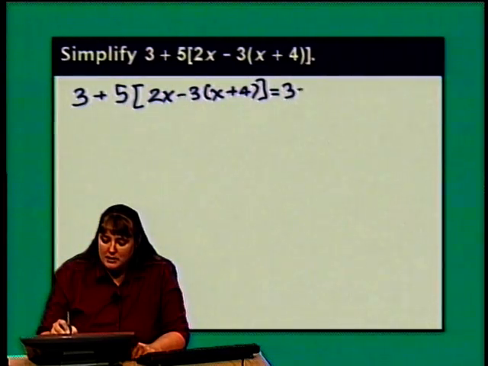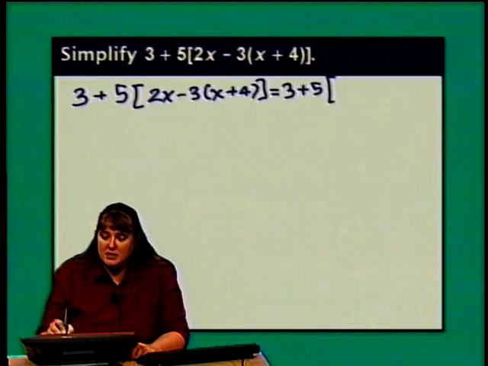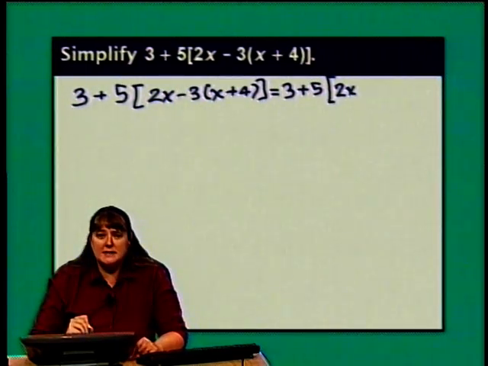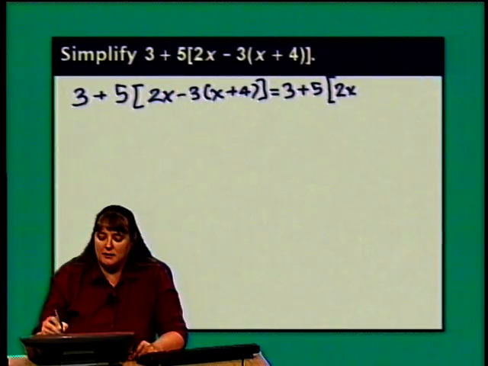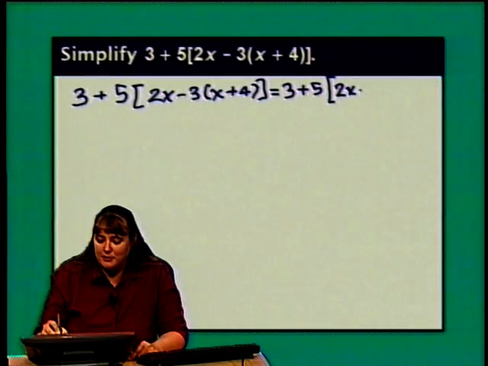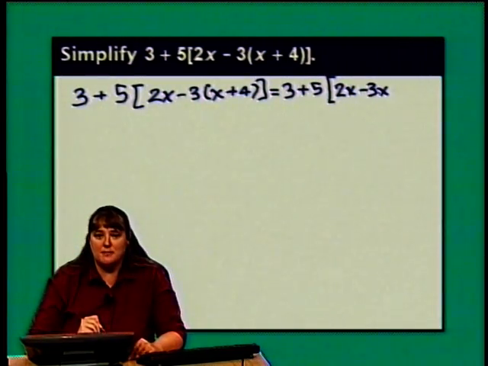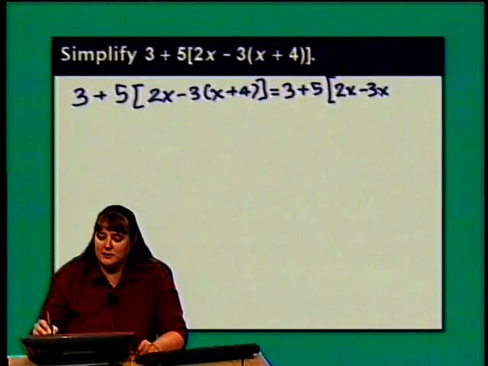So I have 3 plus 5 times the quantity 2x plus negative 3 times x is negative 3x. Adding negative 3x is the same as subtracting 3x. So I'm just going to write this down as minus 3x. Plus negative 3 times 4. Negative 3 times 4 is negative 12. Adding negative 12 is the same as subtracting 12.